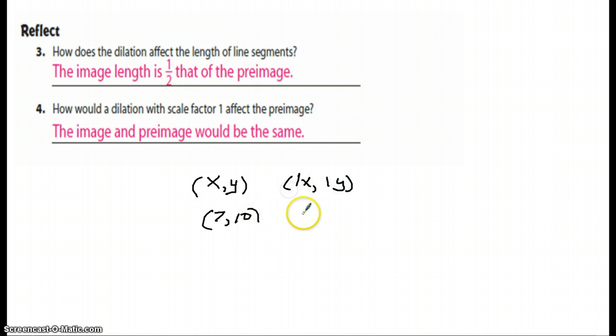Well, 1 times 7 is just 7, and 1 times 10 is 10. So the actual image and pre-image would definitely be the same. So that's why we say greater than 1 creates the enlargement, and less than 1 creates the reduction.